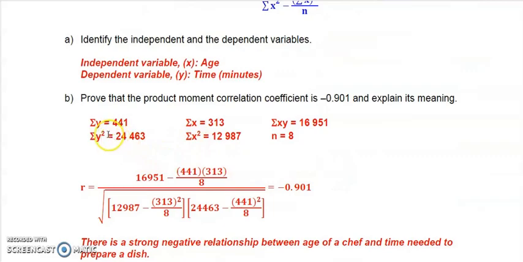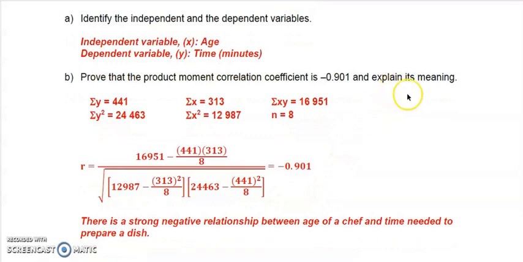Key in the data into the calculator and you get the summation values, and then substitute into the correlation formula. From here we will get r equal to negative 0.901.